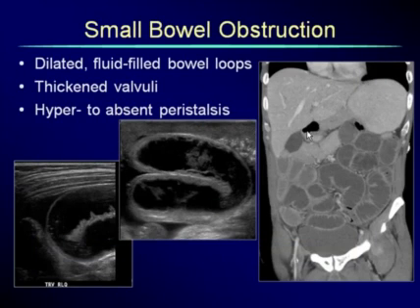Now, sometimes you'll see lots of fluid-filled, dilated bowel loops. These can be small bowel obstructions, but sort of a late phase of bowel obstructions. Think about bowel obstruction. As the bowel obstructs, the peristalsis is trying to fight the obstruction.